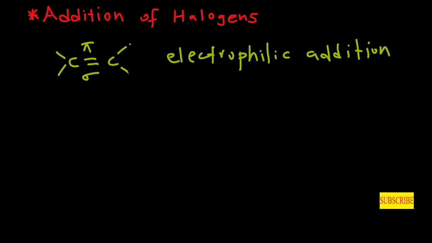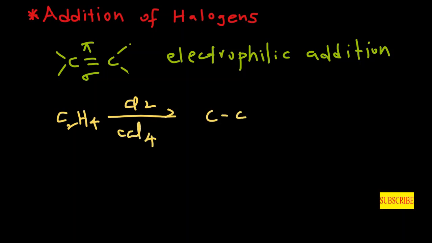Now we are going to react ethene with chlorine in CCl4 medium. This reaction will make this alkyl halide.